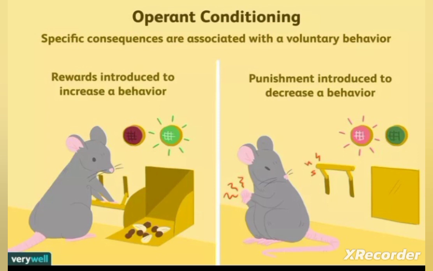Here the reinforcement is contingent upon the response, that is lever pressing. After eating it, the rat continues to explore and after a while it presses the lever again and again the pellet is released. After the fourth or fifth press, usually the rat begins to press the lever more rapidly and its operant behavior is in full swing.